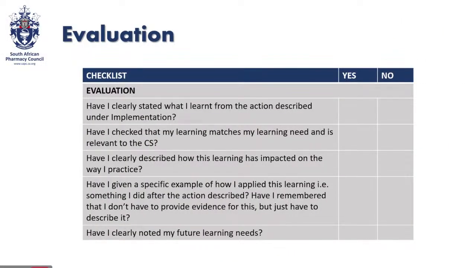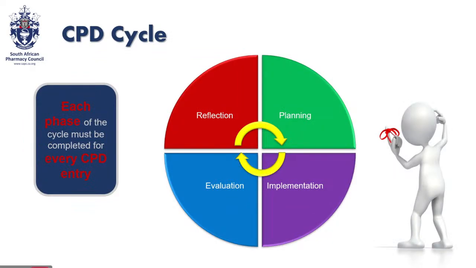Again, we have a checklist. Have I clearly stated what I learned from the action? Have I checked that my learning matches the learning need? Have I clearly described how this learning has impacted the way I practice? Have I given a specific example of how I applied my learning? And have I clearly noted my future learning needs? So you can see there are 4 things that you have to include for your evaluation to be successful.